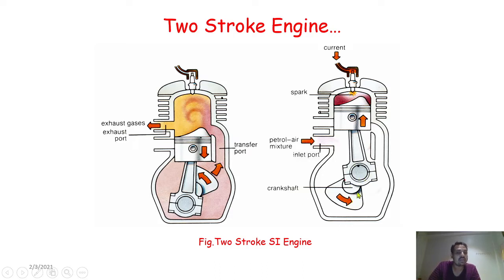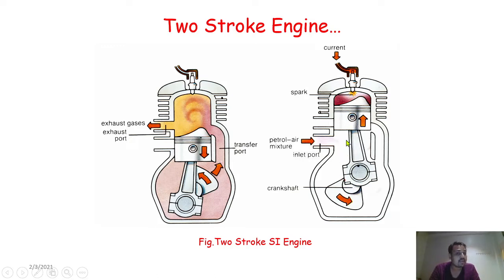Now, initially, when you apply pressure on the kick, taking the example of a two-wheeler, the engine crankshaft is connected to the foot lever, that is the kick of the vehicle. When you apply force on that kick, the crankshaft starts to rotate, and because of the connecting rod, the piston starts to reciprocate inside the engine cylinder.